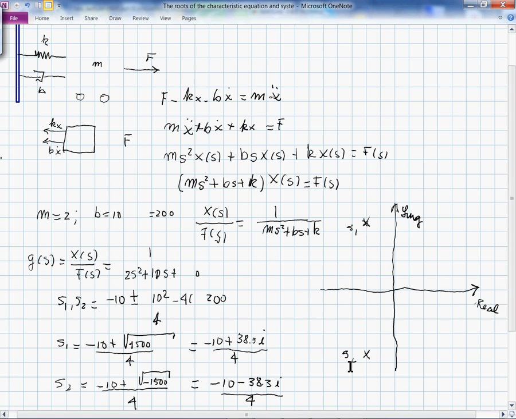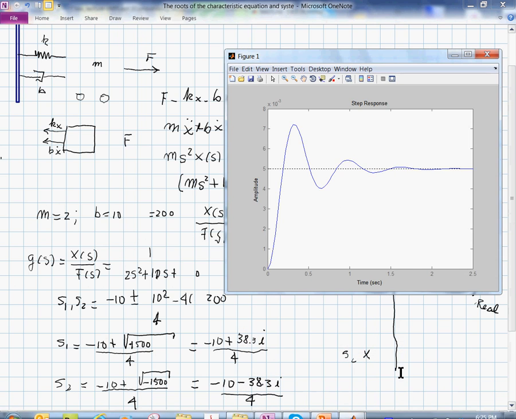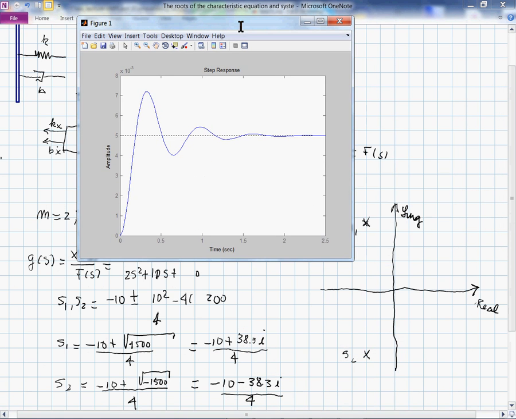So what I'm trying to say is, if the roots are here on the left-hand side, we have obtained this response. See? The question is, if I play with the coefficients now, can I change the way the system behaves? And I could change it in several ways that will really affect the system.